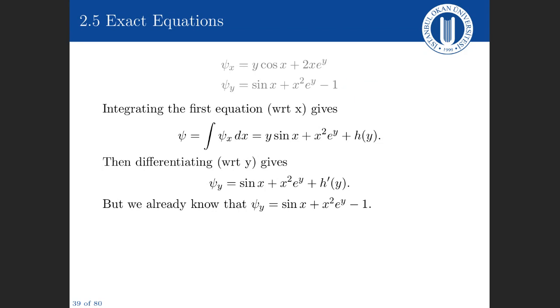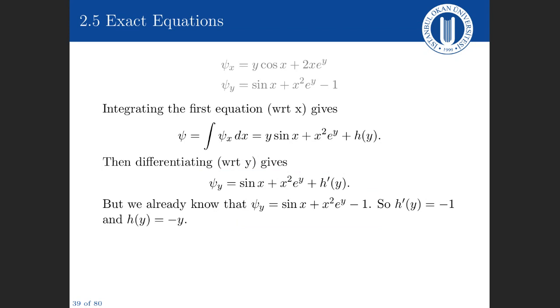So now I have two equations for xi y. And these must be the same. Sine x plus x squared e to the power y plus h prime of y must be the same as sine x plus x squared e to the power y minus 1.